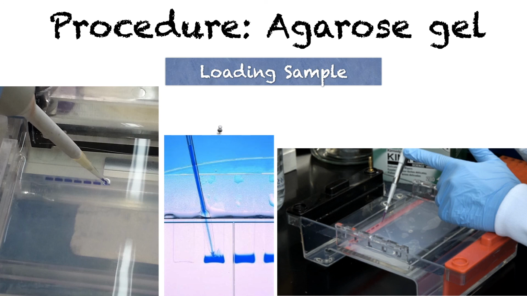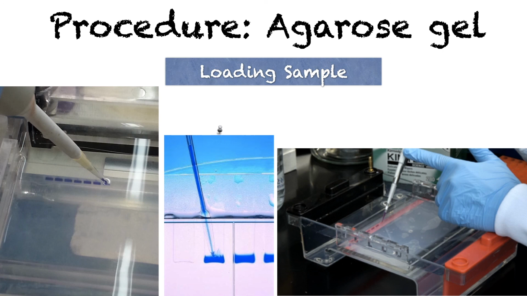Usually PCR product already has green dye, so we don't need to care about that. However, for the rest of the samples, we couldn't see properly whether our sample has been loaded, so we add stain. Then once we stain our sample, we take a small volume of that sample and load it very carefully into the well we made using our comb.